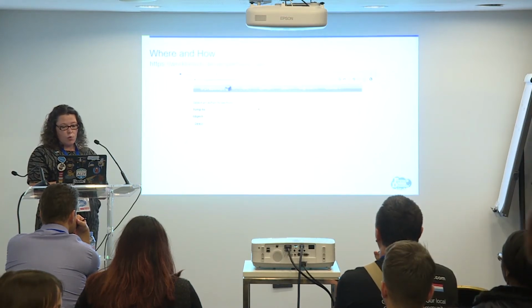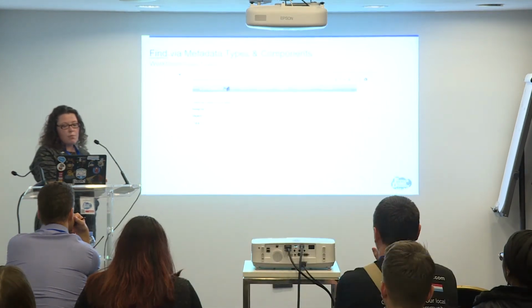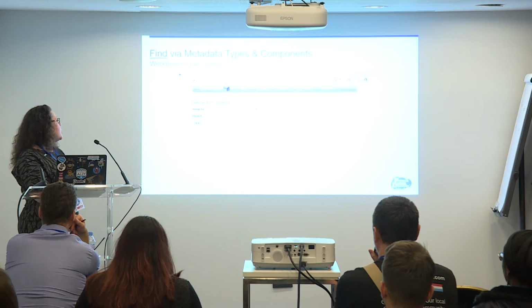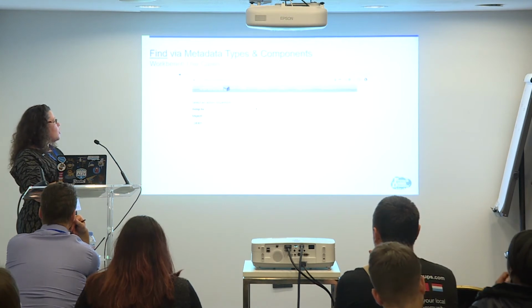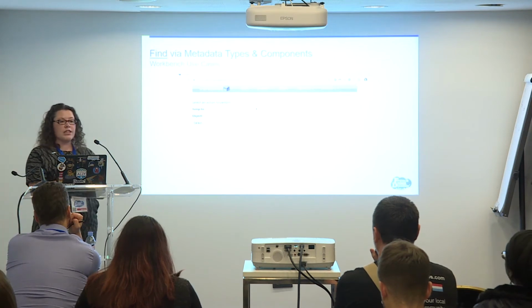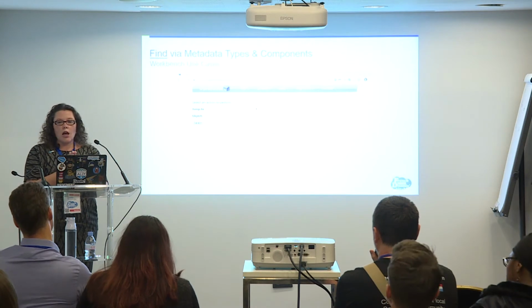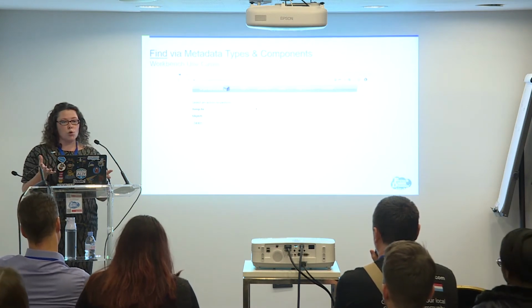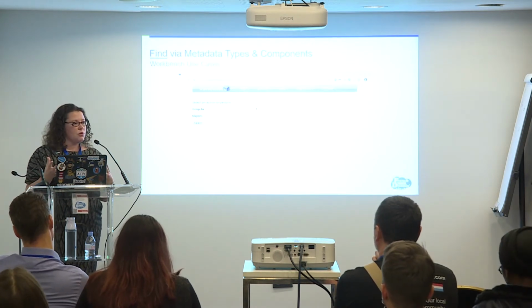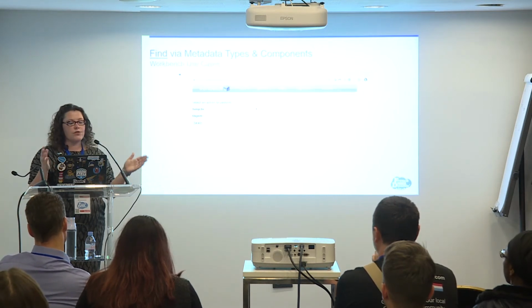So starting off with find. You can find the meta types and components of your org. Now, a use case for this might be you want to look at all the workflow rules you've got in your org. And you know, that list has grown. That's not the list it was five years ago. That list is very long now.